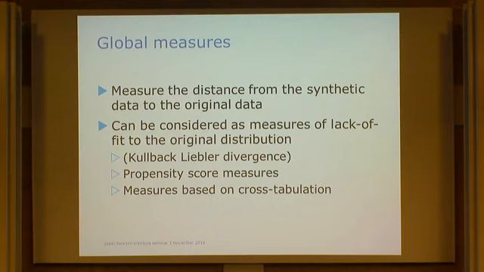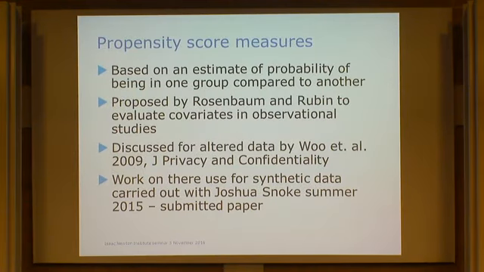And the proposed methods for smoothing it don't seem to work very well. But the other two things that I'm going to talk about today are propensity score measures and measures based on cross-tabulation. So let me start with the propensity score measures. This is work that we did jointly with Joshua when he was visiting Edinburgh last summer.